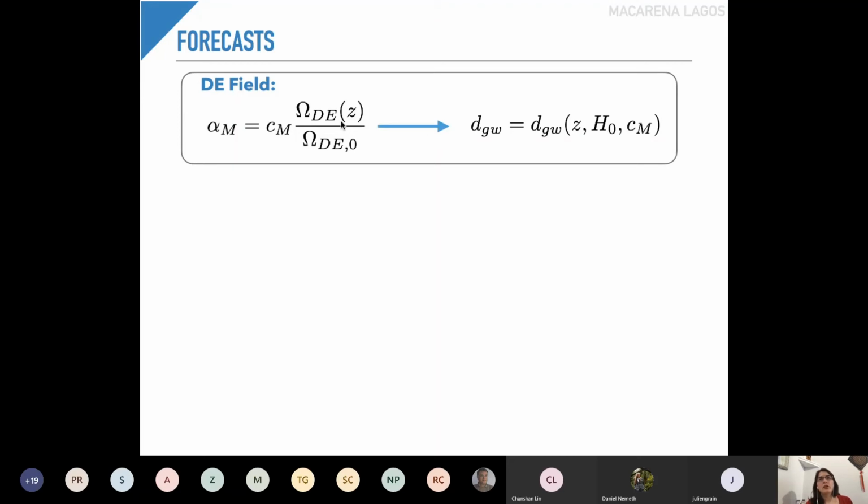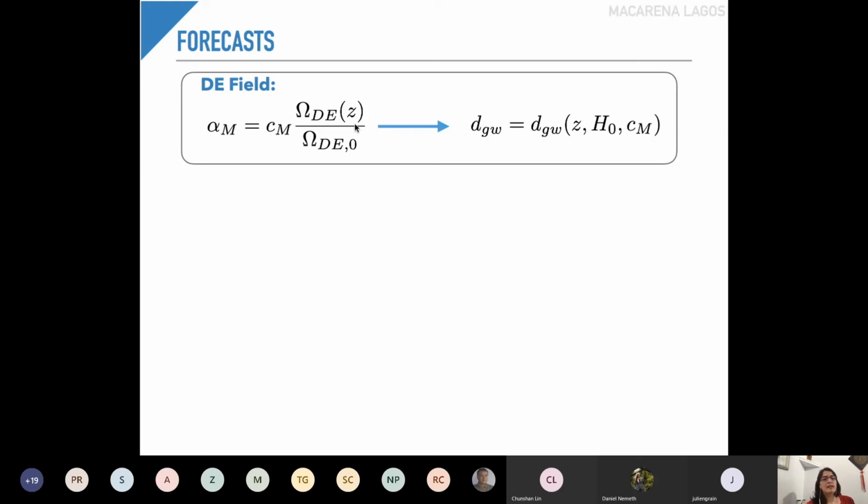Whenever dark energy becomes irrelevant at the background level, then alpha m will be close to 0. Nevertheless, we did an analysis for LIGO. LIGO is only sensitive to low redshift sources for binary neutron stars, which is what we focus on. And we don't think that this time evolution really changes that much the constraints that we will find for Cm that I will quote later.